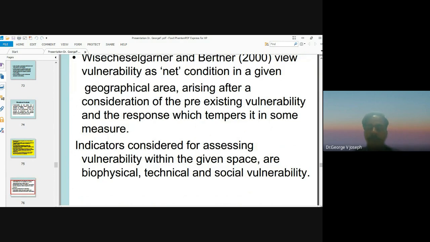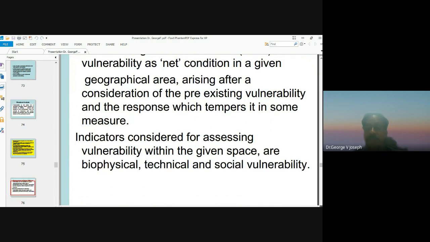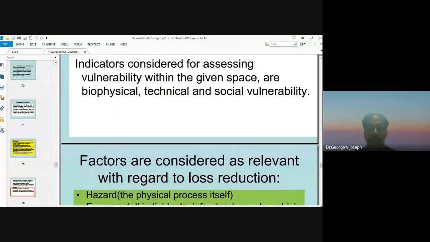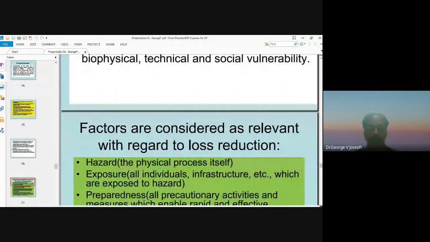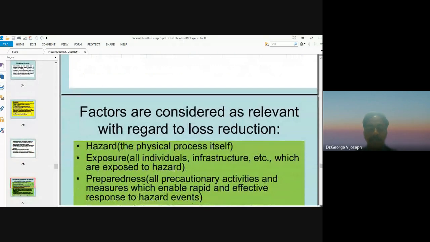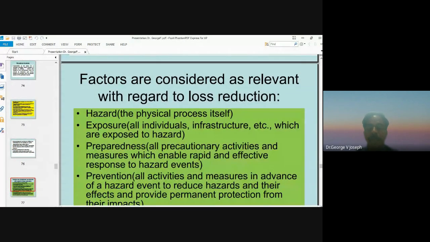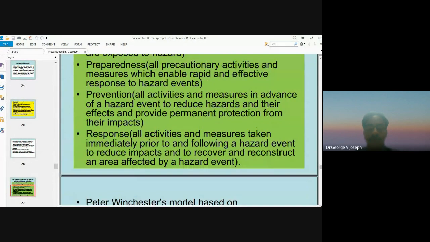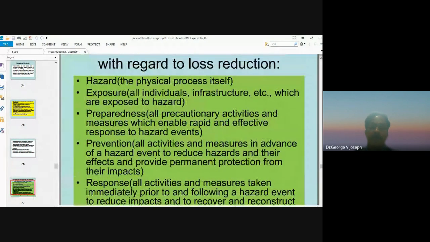So these biophysical, technical, and social vulnerabilities are there, and factors are considered as relevant with regard to loss reduction. Basically, hazard is considered, exposure is considered, preparedness level is considered, prevention measures are considered, response activities are considered. All these factors are considered while assessing the vulnerabilities.